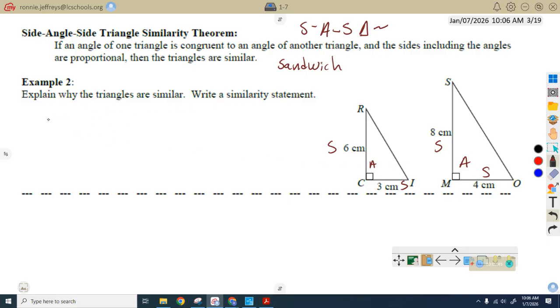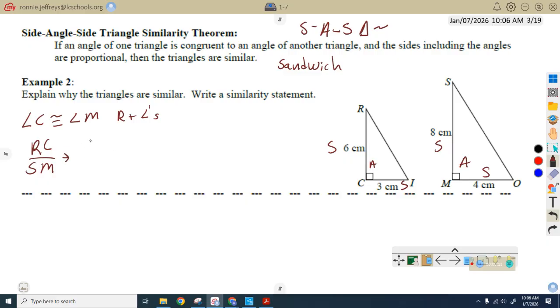So, are the triangles similar? Well, we know that angle C is congruent to angle M because they're right angles. Now, we need to check to see if the sides are in proportion. So, let's do RC over SM.